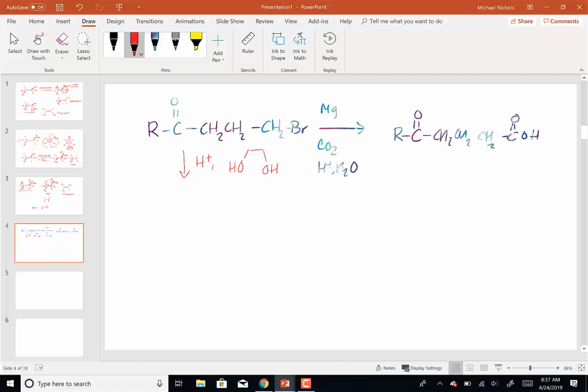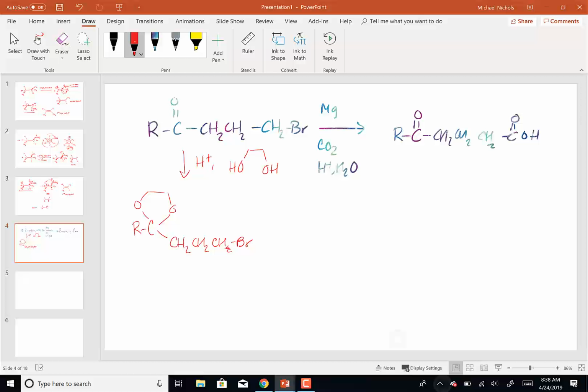That's going to convert the ketone into a cyclic ketal. And you just need to practice writing that 5-membered ring, because that's what it's going to look like.